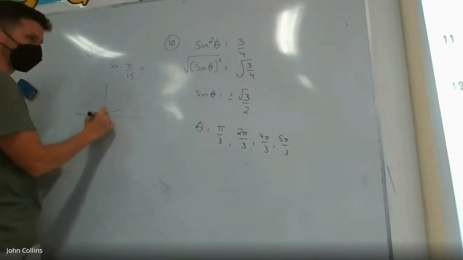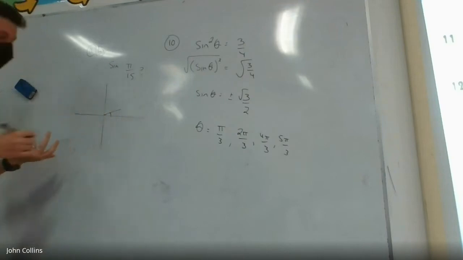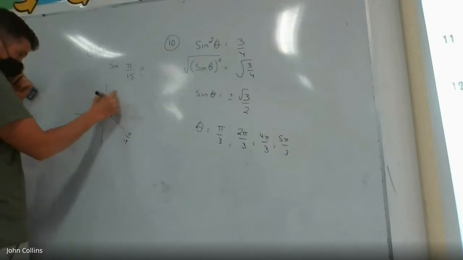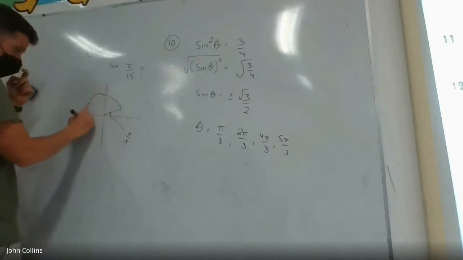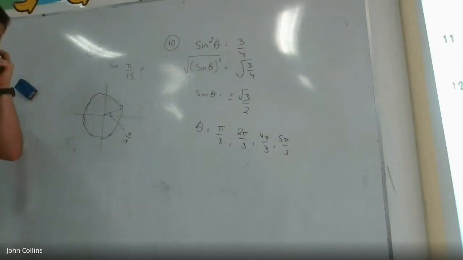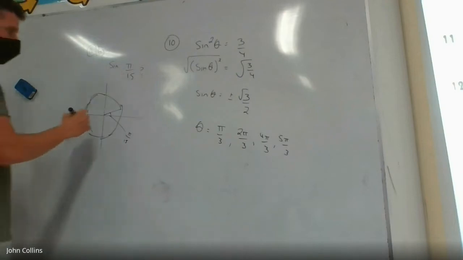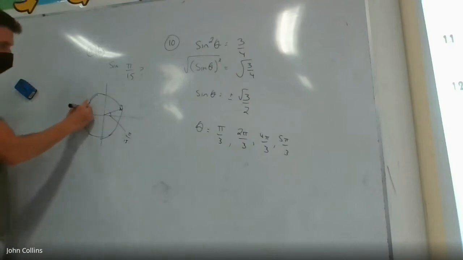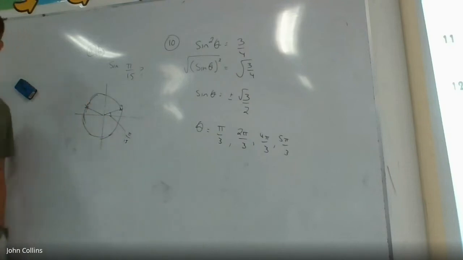It's in the first quadrant somewhere. That angle in there, let's say it's pi over 15. On our unit circle then, where else is that going to have the same value for sine? I think it's going to have it in the second one as well, around here. Exactly, in that position.